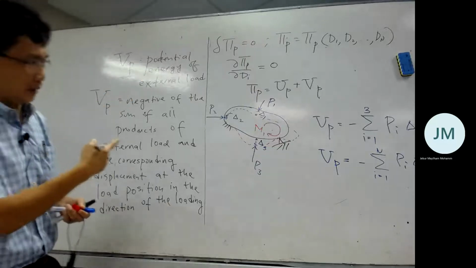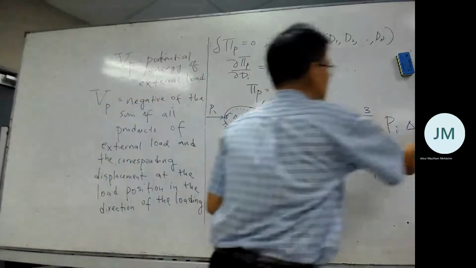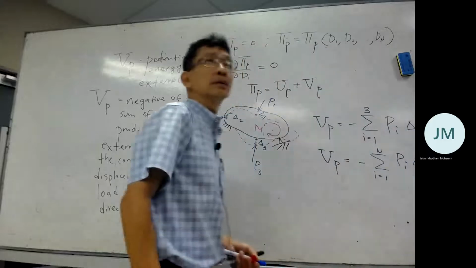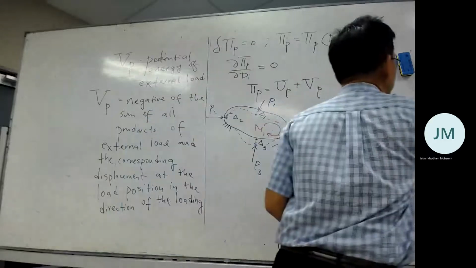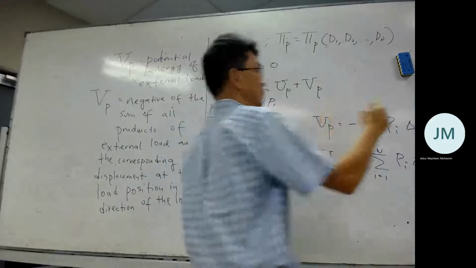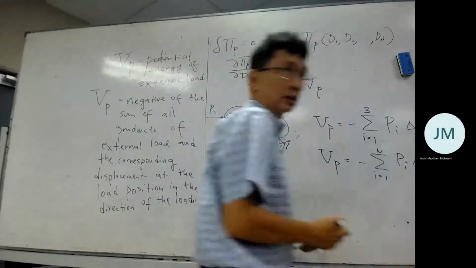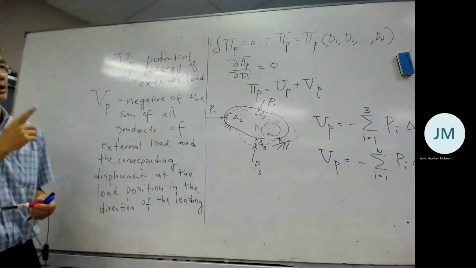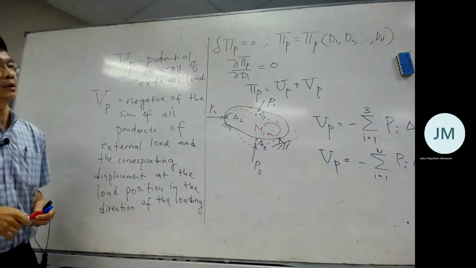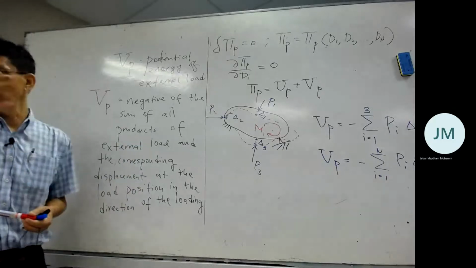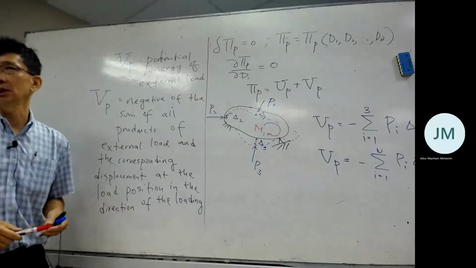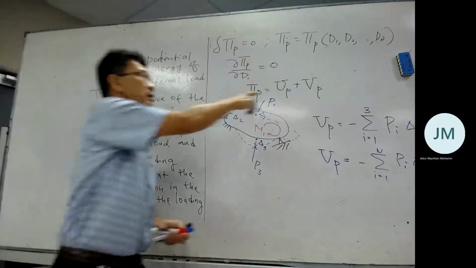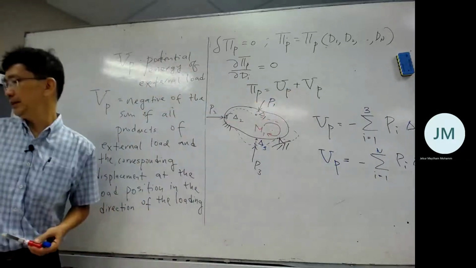It will be added as negative again, M multiplied with the corresponding rotation. The corresponding displacement for a moment is rotation. So this is how we calculate VP.